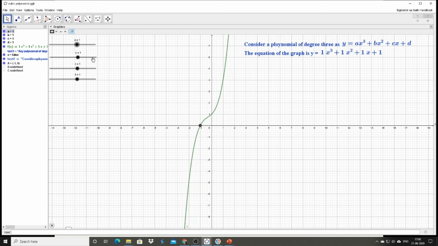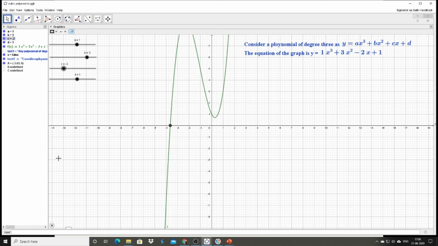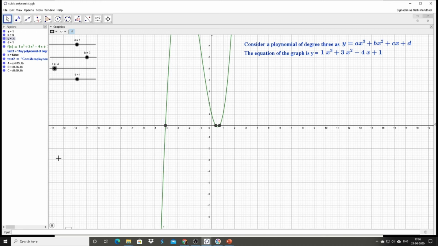Now let us keep B as one constant, any one constant. We will change C. You can see at present 1 point of intersection. Now 3 points of intersection.